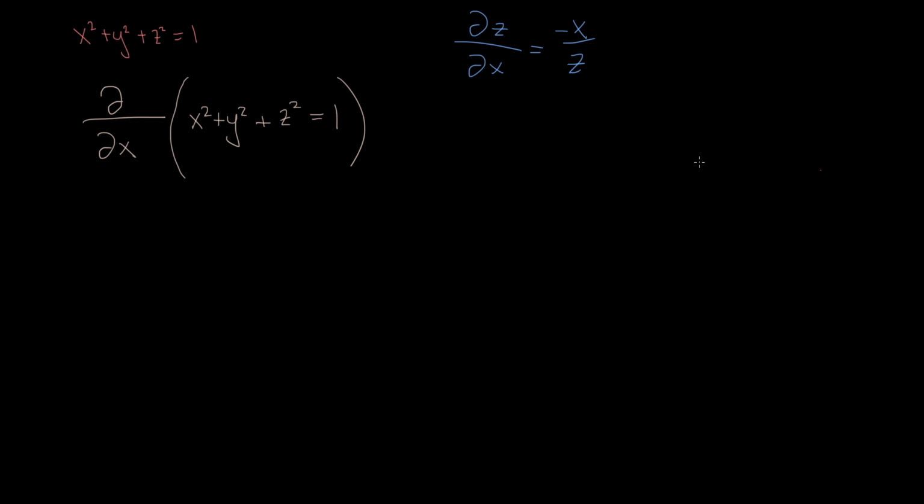If you do the same exact steps as I've done, you'll find that partial z, partial y will be negative y over z. And you'll actually originally get negative 2y over 2z. And so they're basically the same processes, you're just treating two different things as constants.